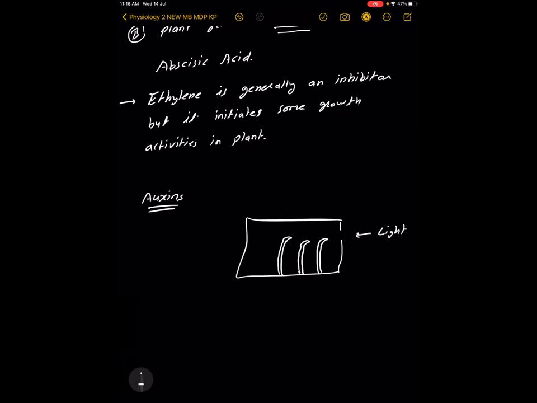This is the light source. From here light enters through this hole and curvature occurs. So this is the experiment done by Darwin and Darwin, and the specimen was canary grass.